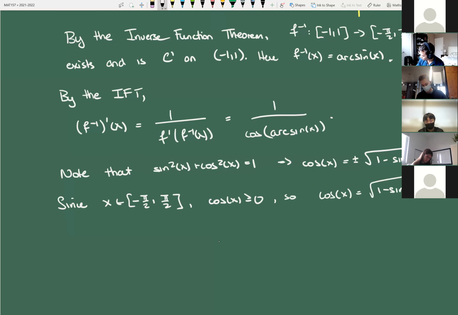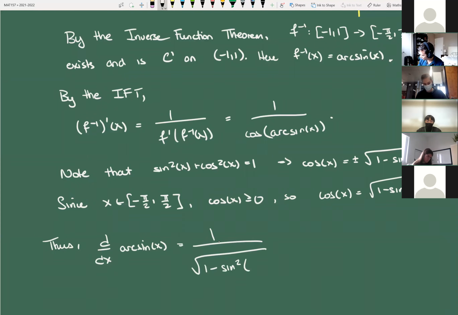1 minus sine squared x. And so now I'm going to plug that back into my formula above. So what did we get? We got the derivative of arc sine x is 1 over cosine arc sine x, but I'm going to now write this as 1 minus sine squared, again, which is bad notation, but it is what it is.